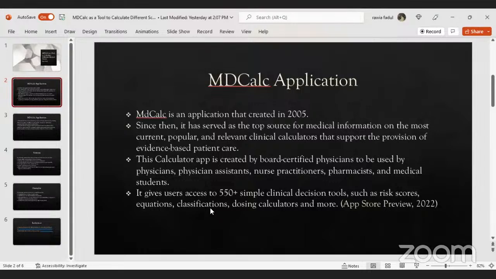This calculator app is created by board-certified physicians to be used by physicians, physician assistants, nurse practitioners, pharmacists, and medical students. It gives users access to 550 and more simple clinical decision tools, such as risk scores, equations, classifications, dosing calculators, and more.